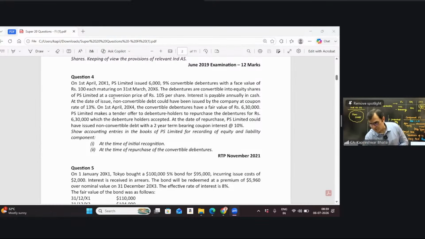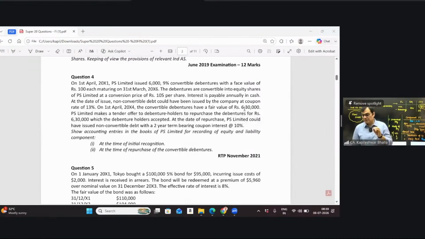So let me put some quick questions to you. If you can vouch for me, I think we are sorted on this question. Number 1. Can I say at the first instance, you will do a split accounting where you will consider both the interest and the principal, yes or no? This is not a partially convertible or mandatorily convertible case.